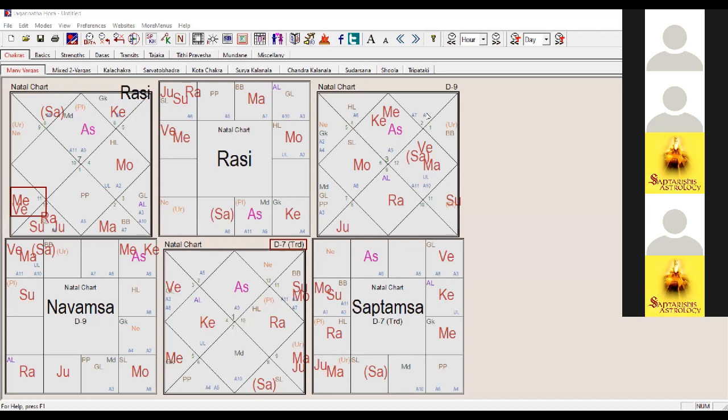Now tell me, in the D7 chart, Mercury is located in which house and which sign? It's the fifth sign, Leo. Yeah. So now you have to check that Leo sign in the D1 chart. Now you have to move back from the D7 chart to the D1 chart.